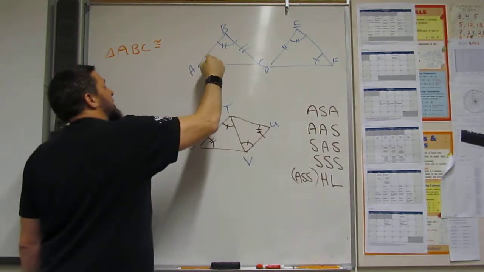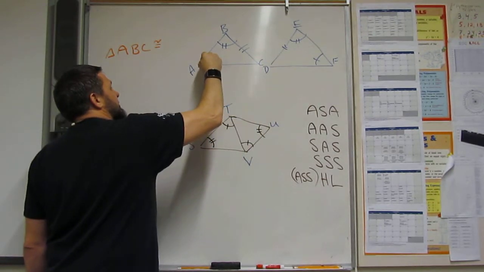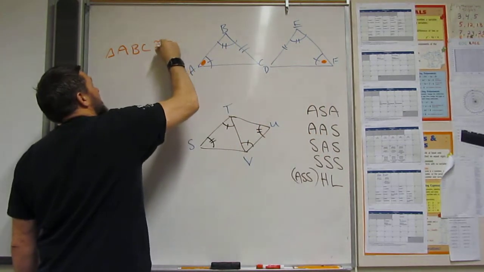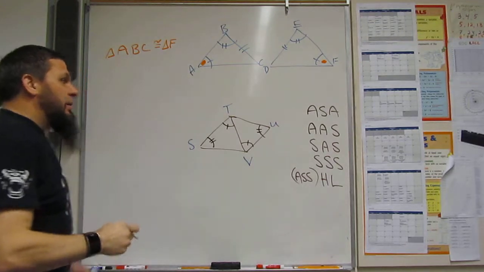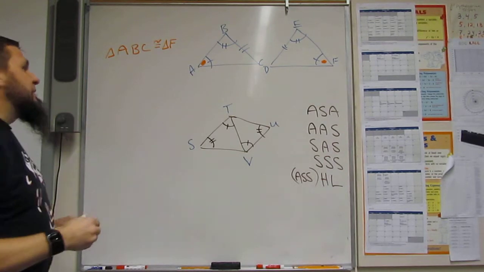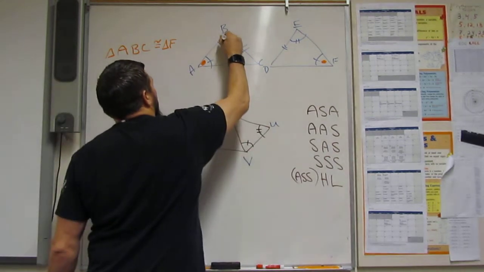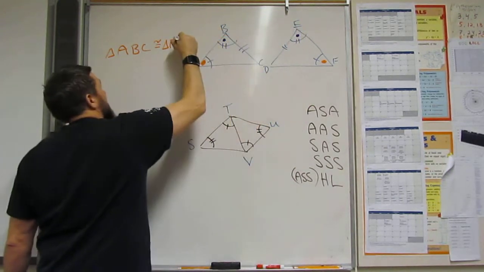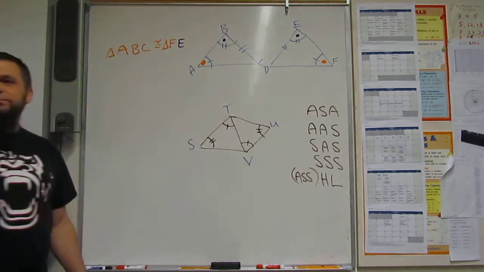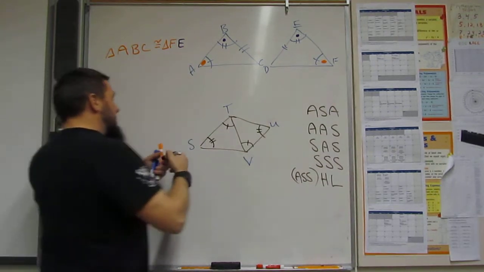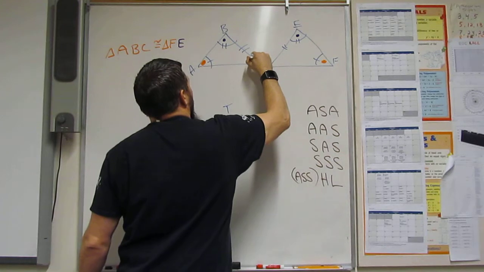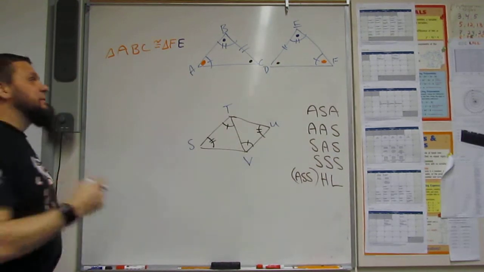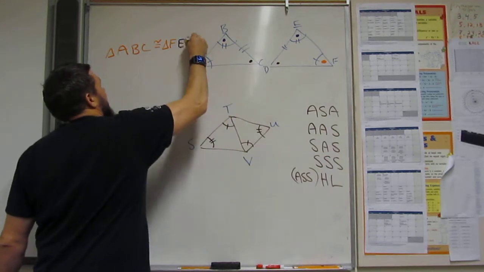So since I'm talking about this guy, A, I need to be talking about this guy, F, triangle F. Then I'm moving over to this guy, B, which is talking about this angle, E. And then I'm talking about this guy, C, which is corresponding to that angle, D.